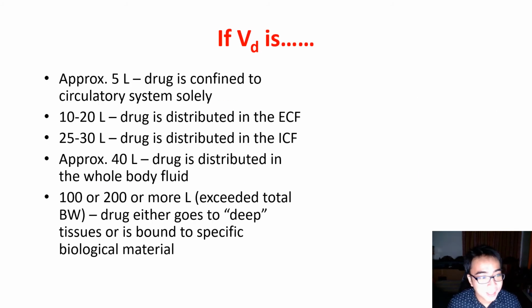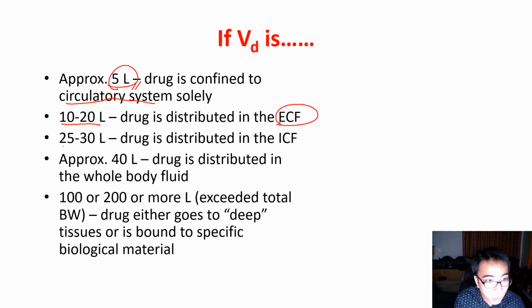Now here are some assumptions based on the VD. We can make assumptions based on our computed VD. If it's approximately 5 liters, we can say that the drug is solely confined in the circulatory system. It means it doesn't go out; the VD is low, only 5 liters. If it's between 10 to 20, the drug is distributing itself into the extracellular fluids.